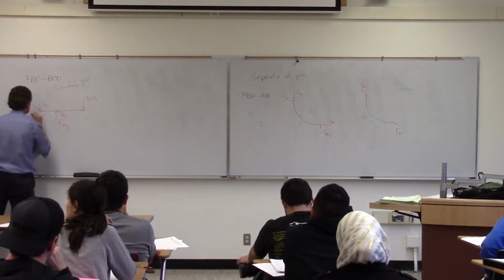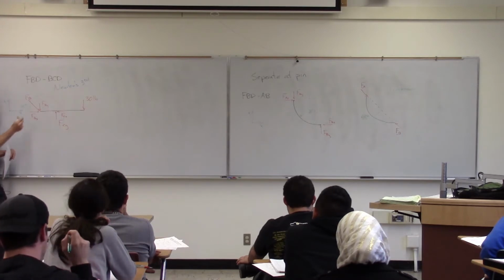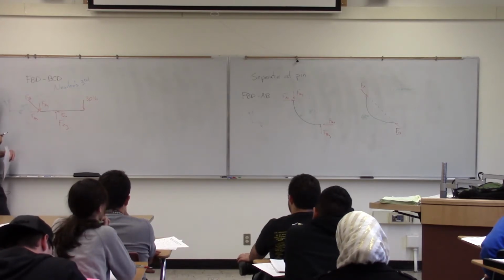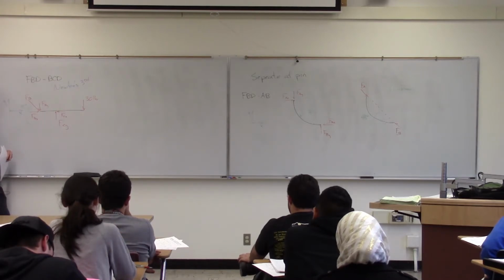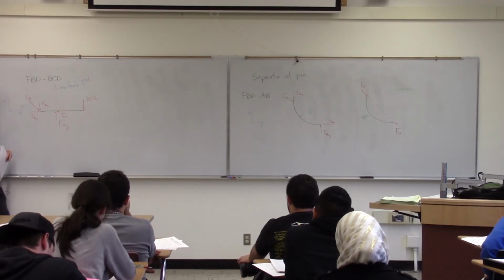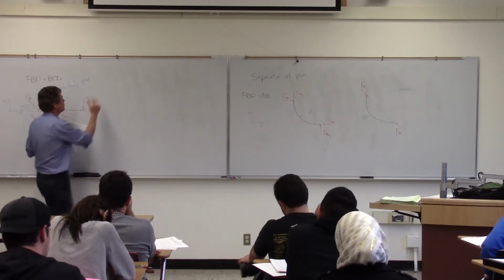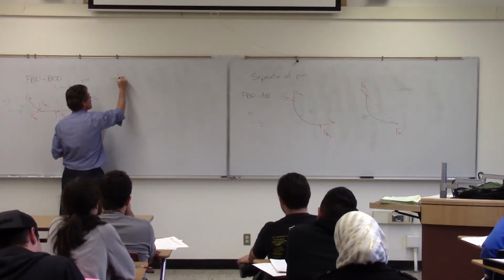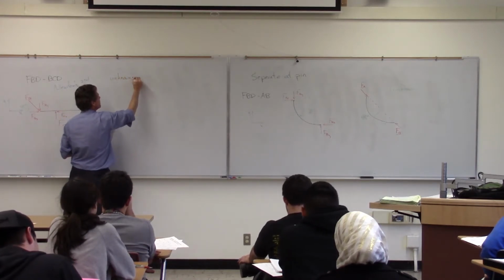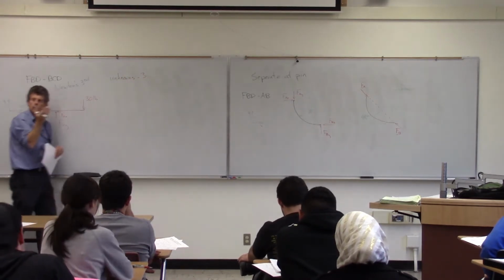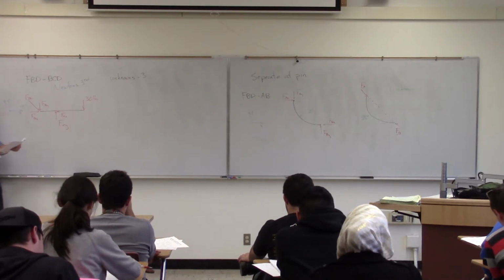I can come back here and say for a fact that the direction has to be on a 45. So now I have the relationship between Bx and By: in terms of 45 degrees, they are going to be equal. I've eliminated one unknown. Now I can use my 3 equations of equilibrium and go ahead and solve for them.